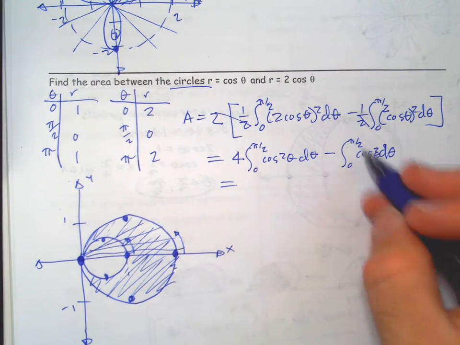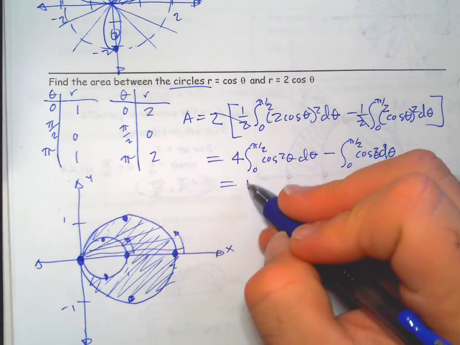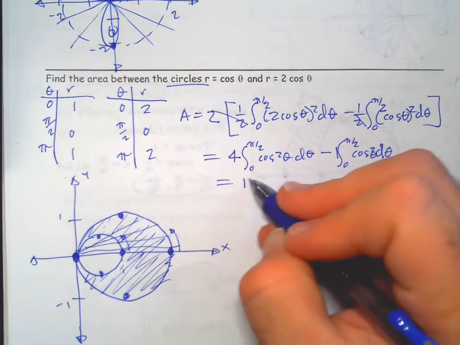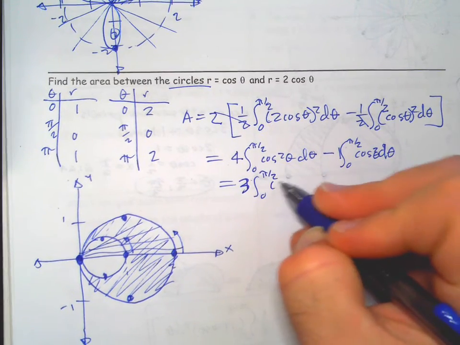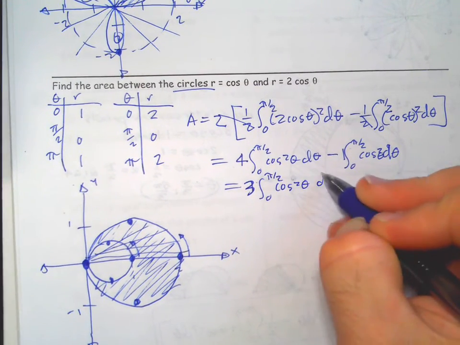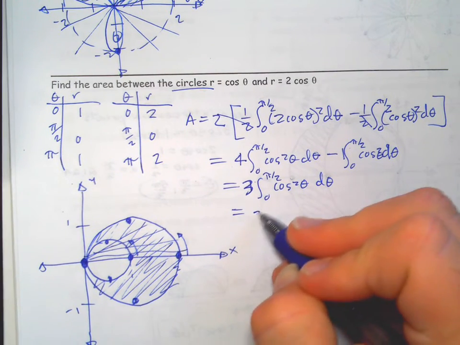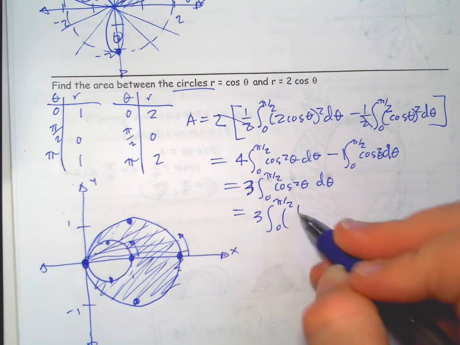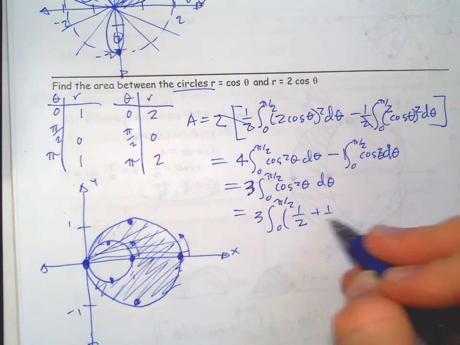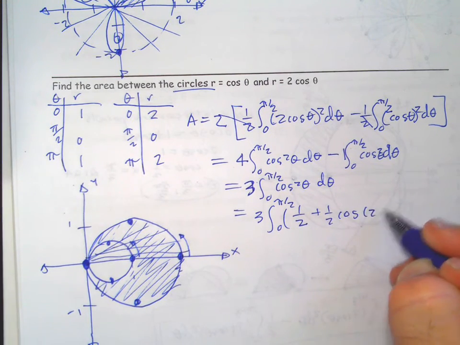They have the same limits and the same thing inside, so it'd be 4 minus 1. So we could do 3 of these. So we're going to have to use that double angle identity for cosine. So this is going to be 1/2 plus 1/2 cosine double angle.